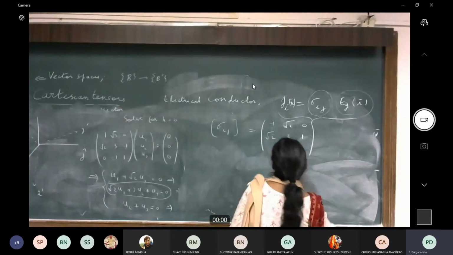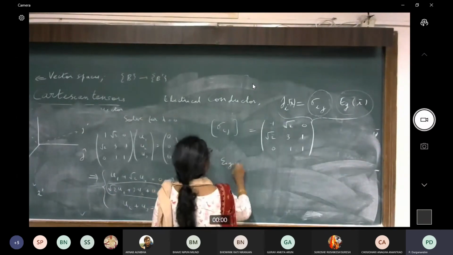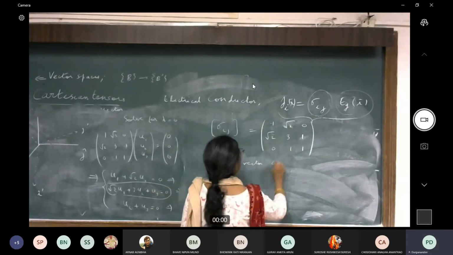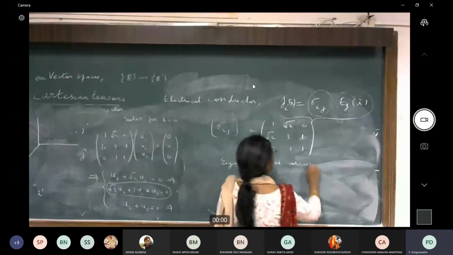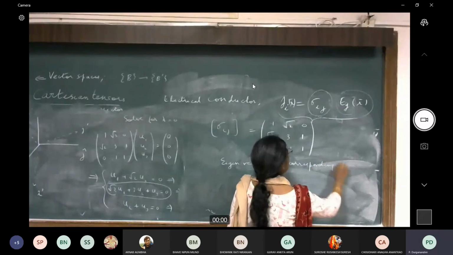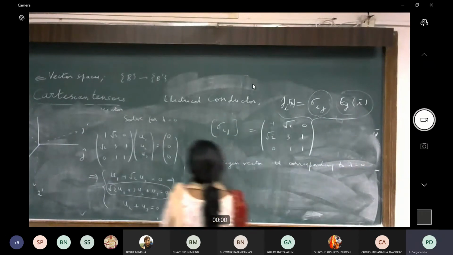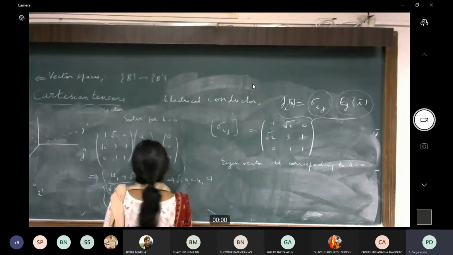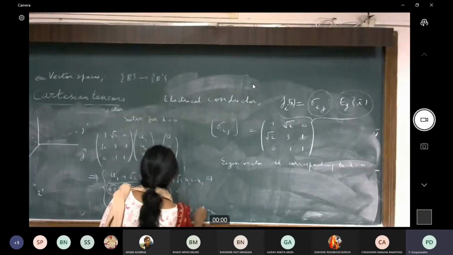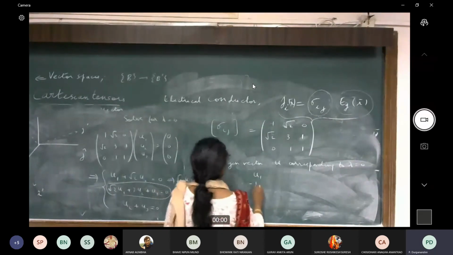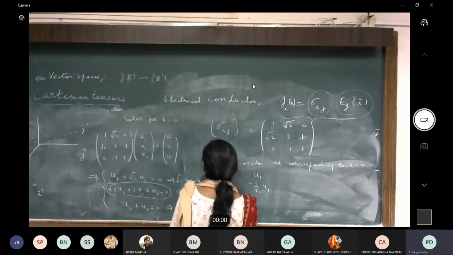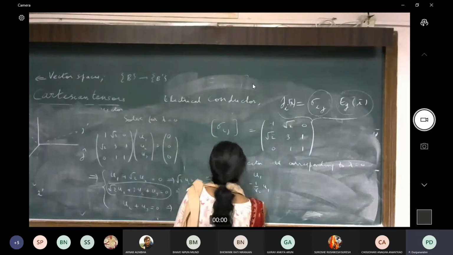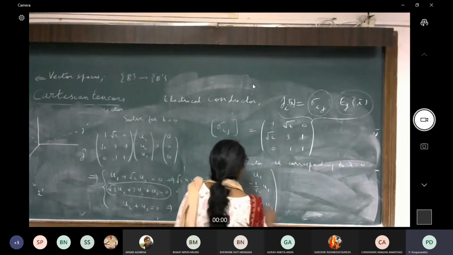The eigenvector corresponding to lambda equal to 0 is given by U1, then minus 1 by root 2 U1, and from here I get a U2 plus 1 by root 2.